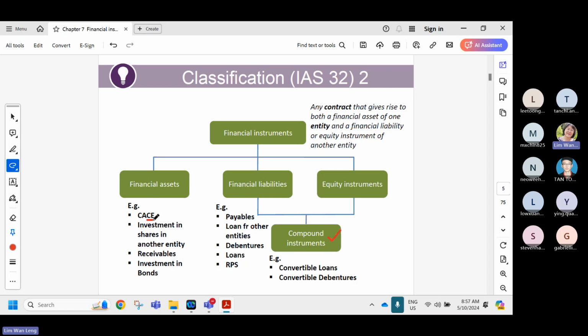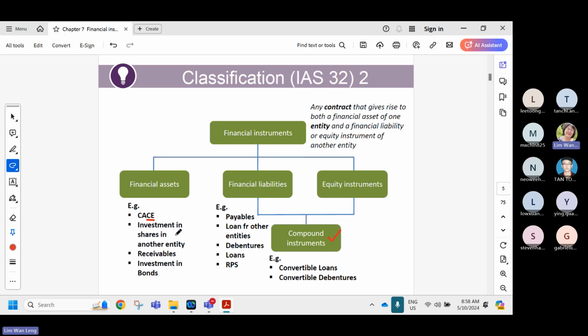Cash equivalents means those that are easily converted into cash within a short period of time. Let's say you have investments in shares that are listed in the open market, like the Bursa. Whenever you need money, you can very quickly dispose of the shares you are holding for cash. Of course, that is based on the assumption that you are not bothered whether you make profit or loss. Okay, so that is your cash and cash equivalents.